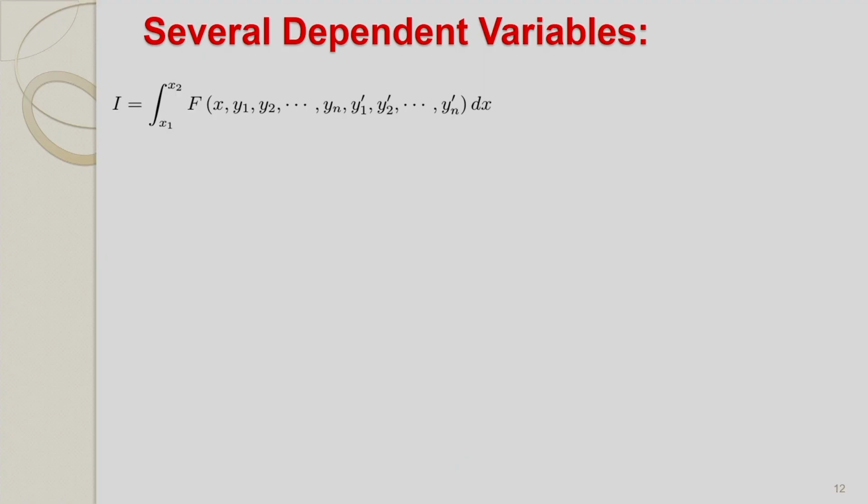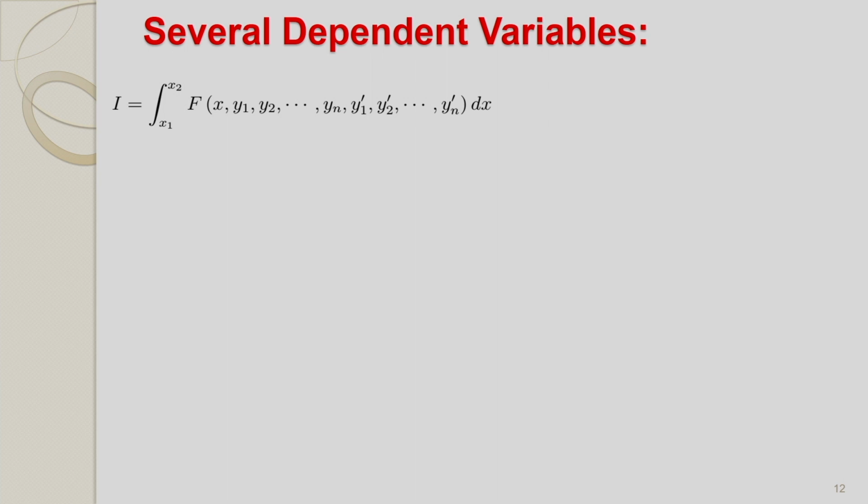Now, we will see how to minimize a functional which is a function of several dependent variables. Here, if you see that functional I is dependent on n dependent variables y1 to yn and their first order derivatives.